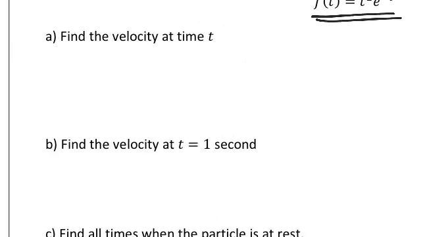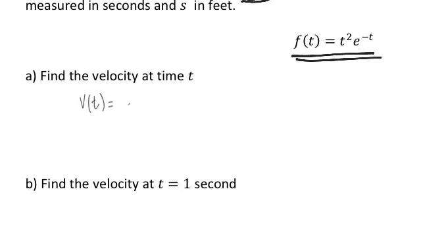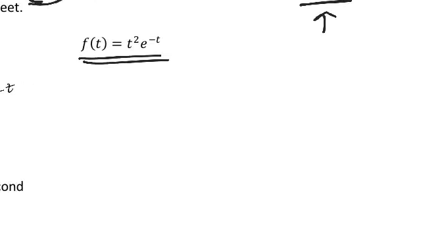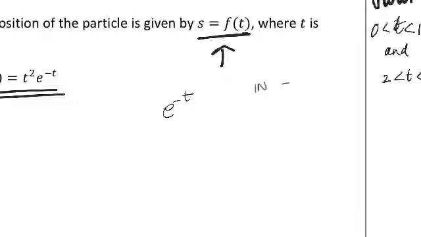So first we're going to find the velocity by just differentiating that position equation. So first times the derivative of the second plus the second times the derivative of the first. Now, if you're wondering about e to the negative t and its derivative, just remember in is negative t, out is e to the x, in prime is negative 1, out prime is e to the t, right?